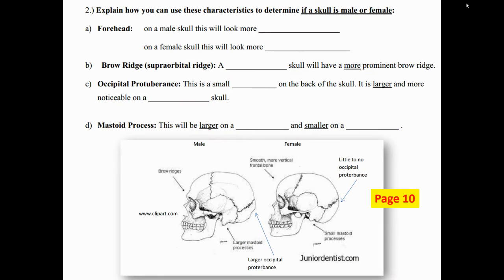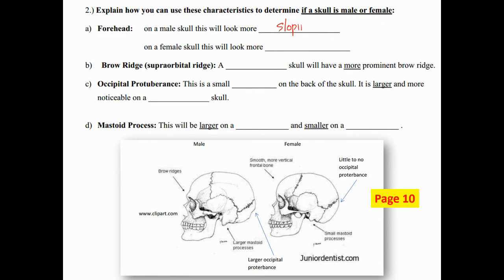All right, how can we use these characteristics to determine if a skull is male or female? I recommend you try doing this yourself. Hit pause and then check it with me, or you can stop this video and just check it with the answer key if you're feeling comfortable. Okay, here we go. The forehead. On a male skull, the forehead will be more sloping or slanting.